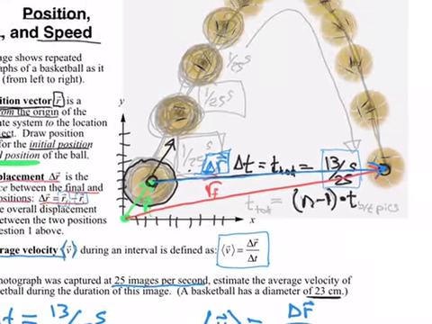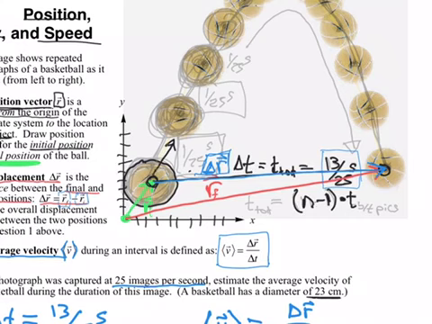So what we can do is look at how far our delta R vector went in the x direction. We know that the basketball is 23 centimeters, so a distance like this is 23 centimeters. And how many of those intervals make up our blue arrow here, our displacement vector?